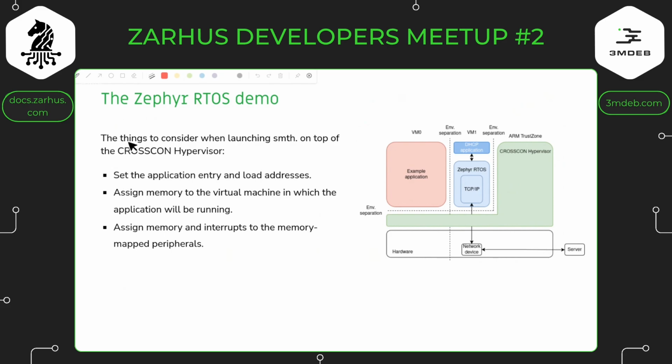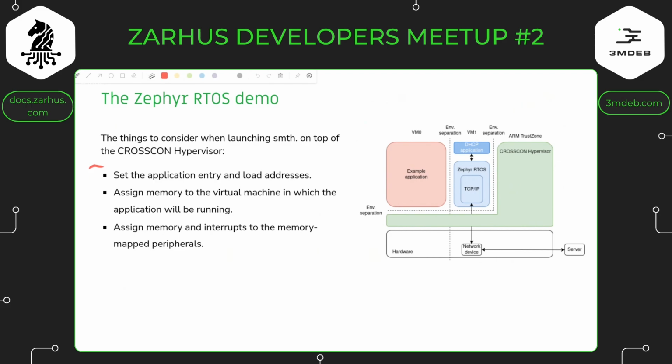What things should you consider when launching something on top of the CROSSCON hypervisor? This is a static partitioning hypervisor, so you need to provide the configuration before the building process starts.